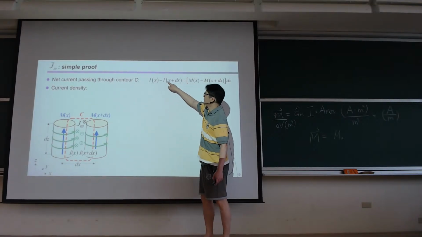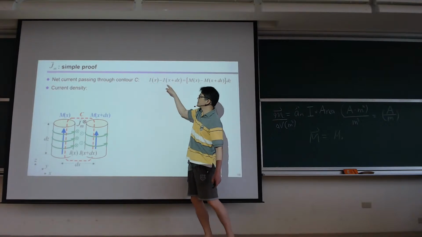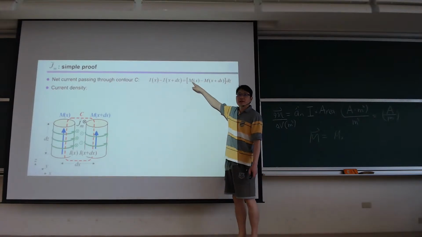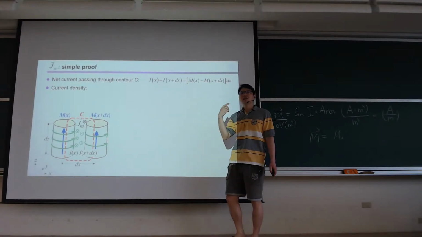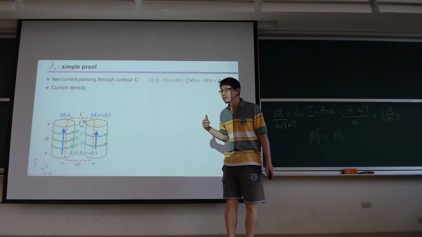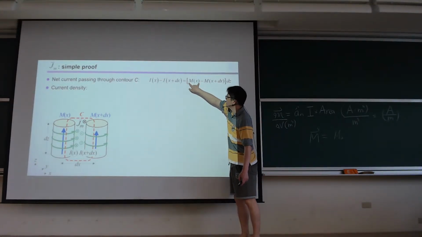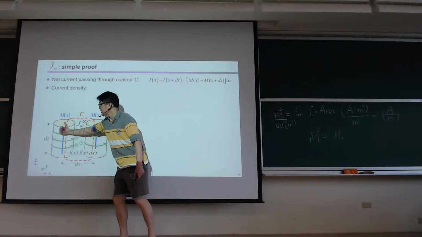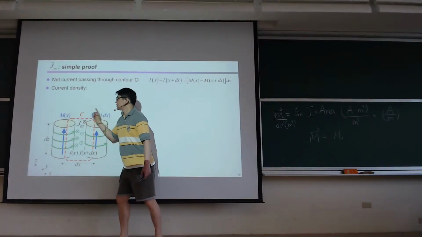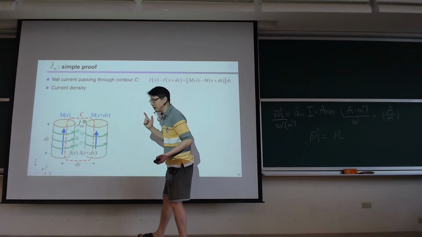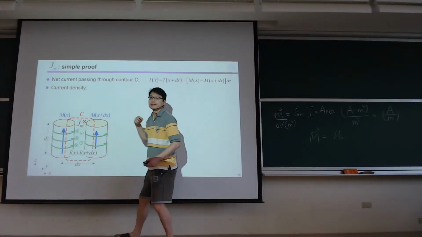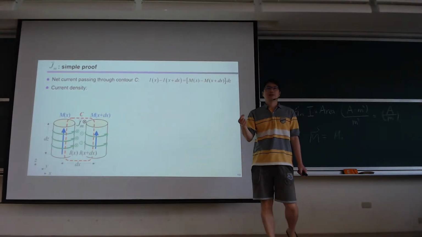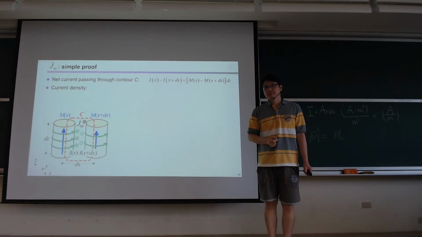So Ix minus Ix plus dx is the net current. But as we all know, M, the magnetization vector, has a unit of ampere per meter. So all I have to do is M of x minus M of x plus dx, evaluating the magnetization vector here and here. The difference multiplied by this dC is equal to the net current, right?